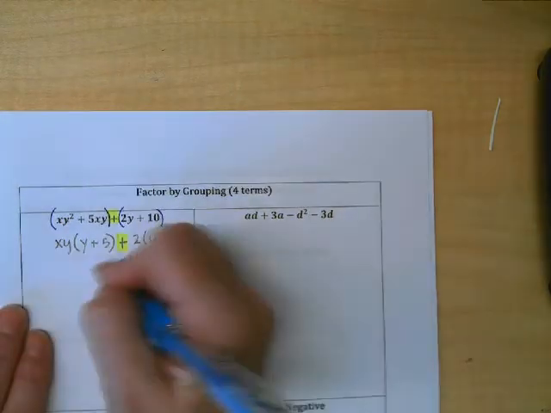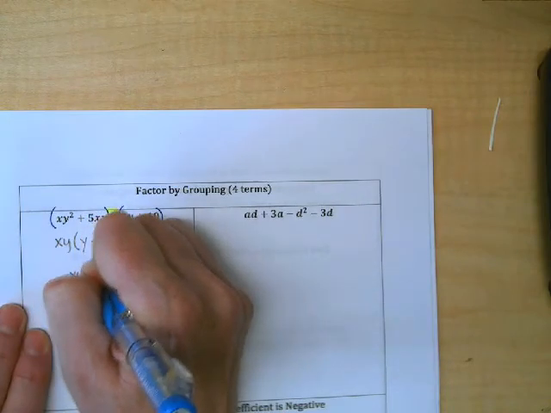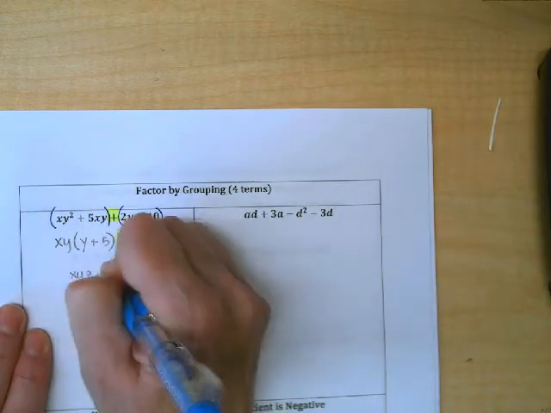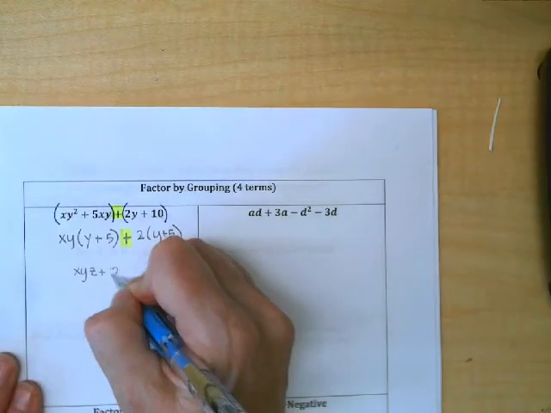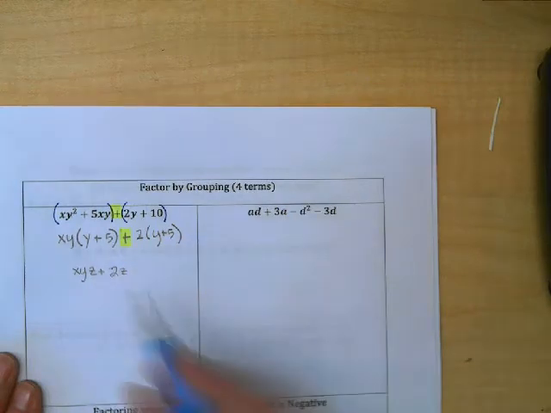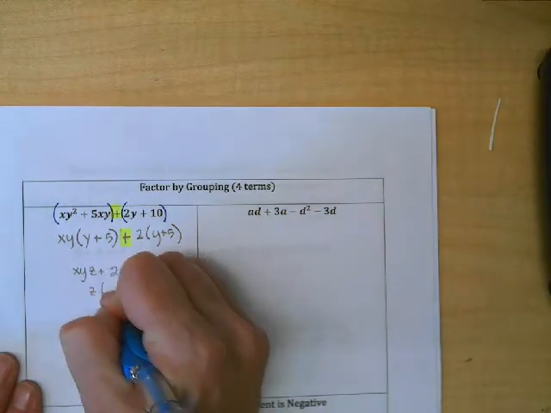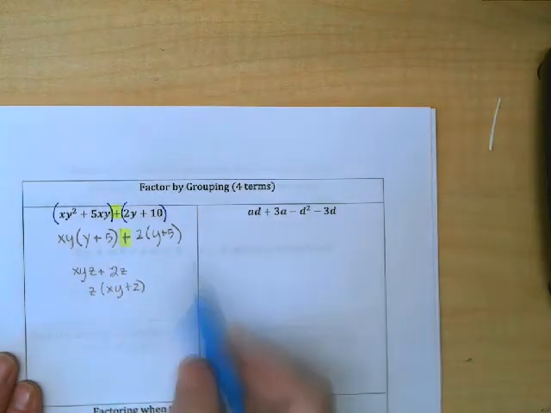So don't write this down, but just think about if this said xyz plus 2z. Wouldn't you say, I would just factor out the z. I would put the z right in front, and I would be left with xy plus 2. Well, it's the same thing.